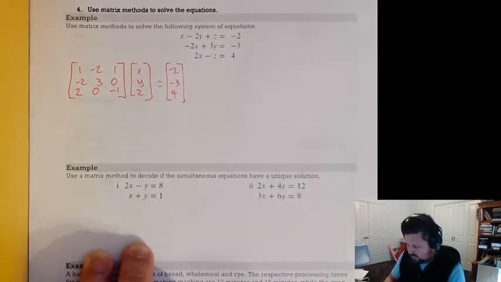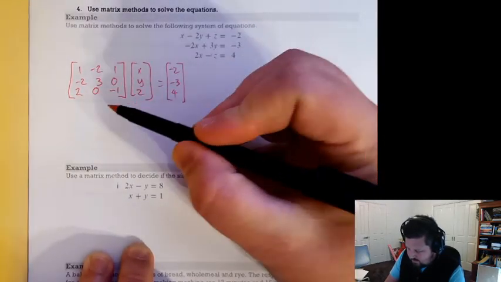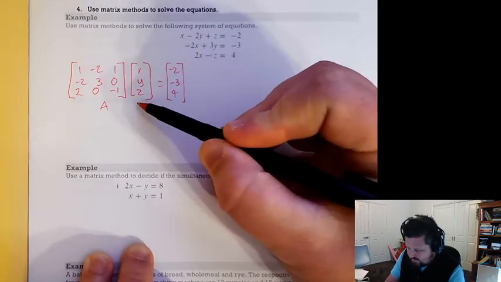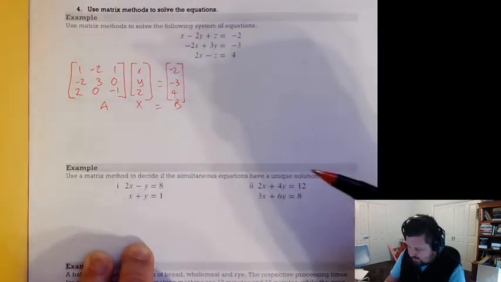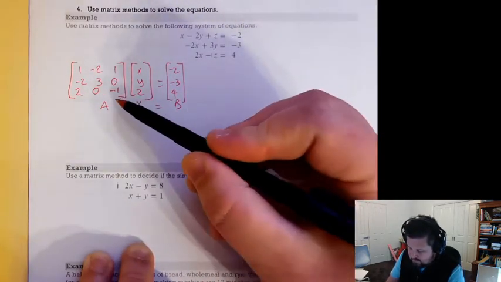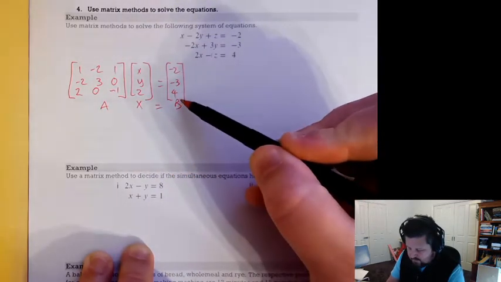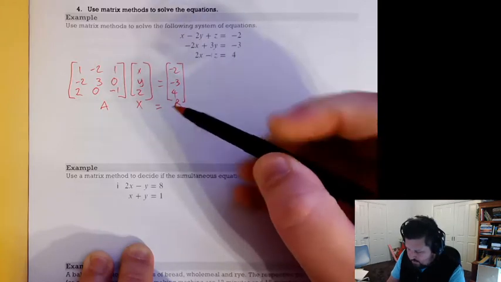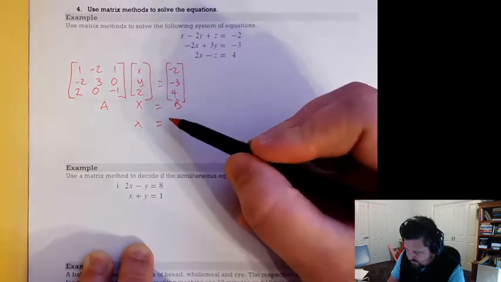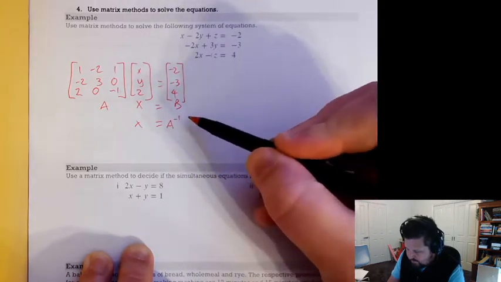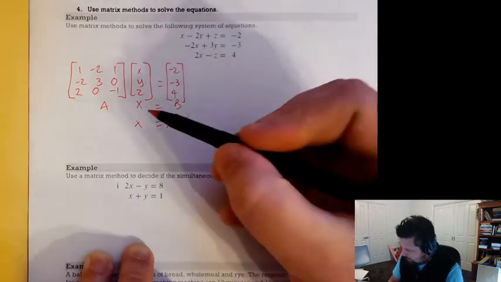Now, you should remember, as we said a little bit earlier, this could be matrix A, this could be matrix X, and this could be matrix B. Again, if you are rearranging things, you need to do the inverse before the X on this side. It means you need to do the inverse before the B on this side, which will rearrange to this matrix here being equal to the inverse of A multiplied by matrix B. So that's how we would solve that one.